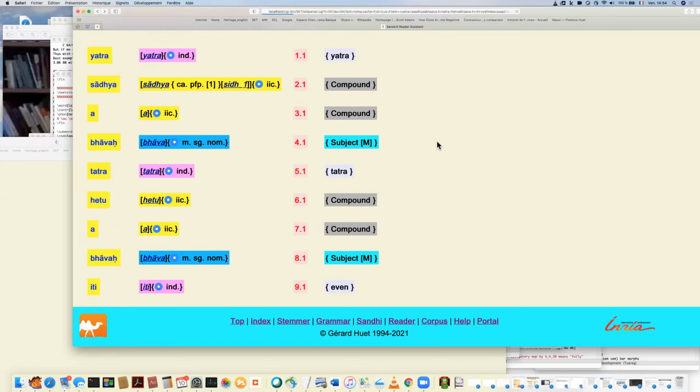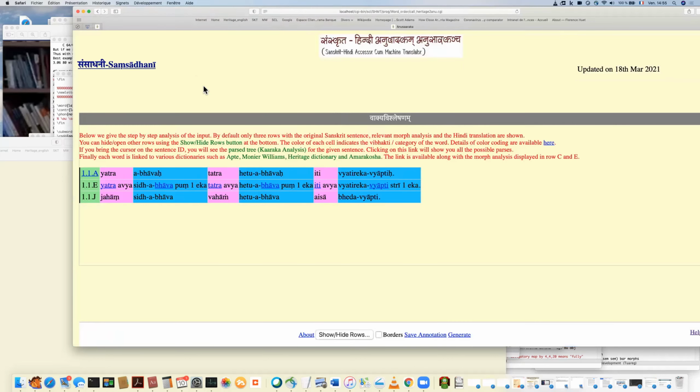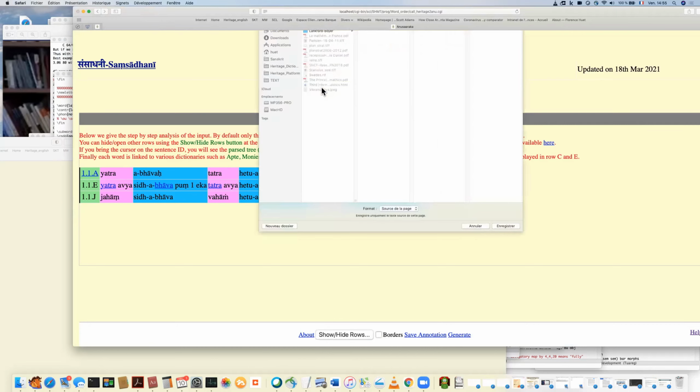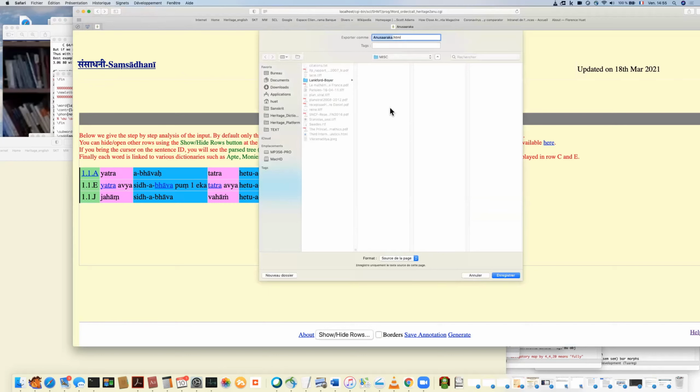Yes, you mentioned now and also previously that once one arrives at the final analysis, one can save it. How does one do that? Well, you save it by whatever command of your navigator. When you're on your navigator on any page, you can register it under a certain form, and it depends on your navigator.